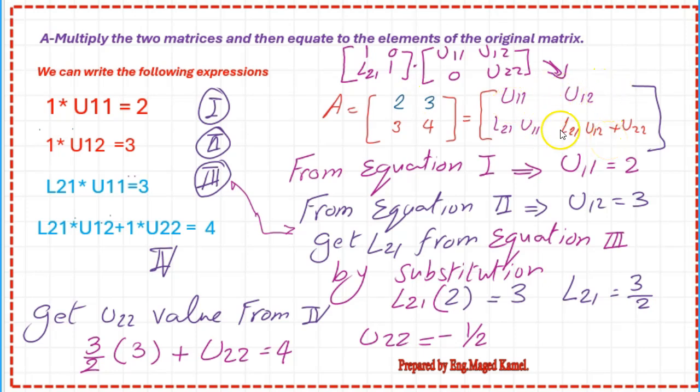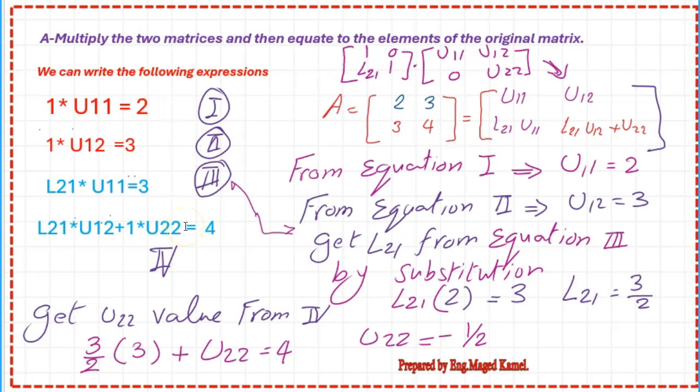So we have 4 equations. The first equation: U11 equals 2, and U12 equals 3, and L21 times U11 equals 3, and L21 times U12 plus U22 equals 4. These are the 4 equations.